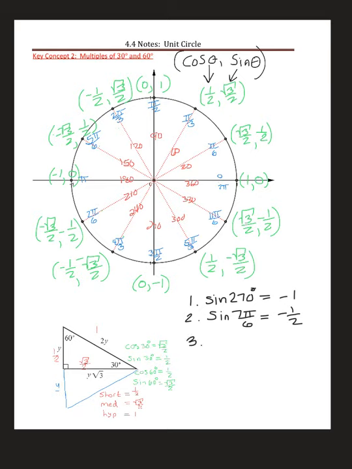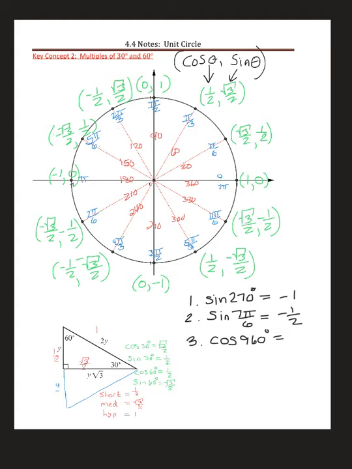Number 3, let's say find the cosine of 960 degrees. Well, 960 degrees is not on the unit circle, so we're going to have to find its reference angle. So all the way around, once around the circle is 360, twice is 720.